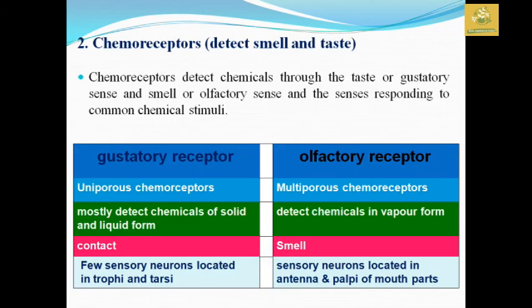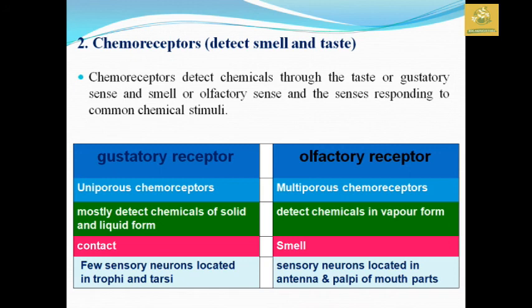After finishing mechanoreceptors, we are going to see the chemoreceptors. The chemoreceptors are used for detecting the chemicals present in the environment, also termed taste or smell, the gustatory sense and the olfactory sense, and they respond to the chemical stimuli present in the environment.